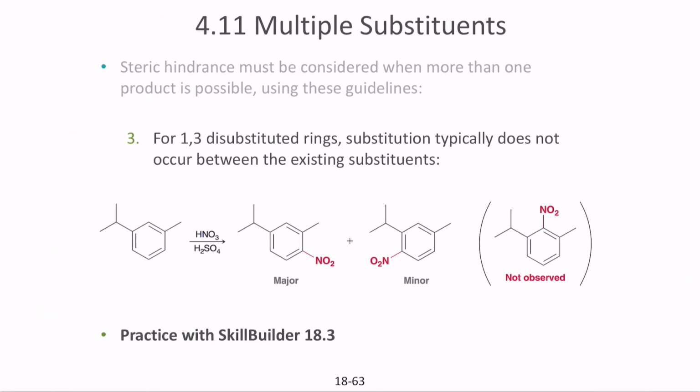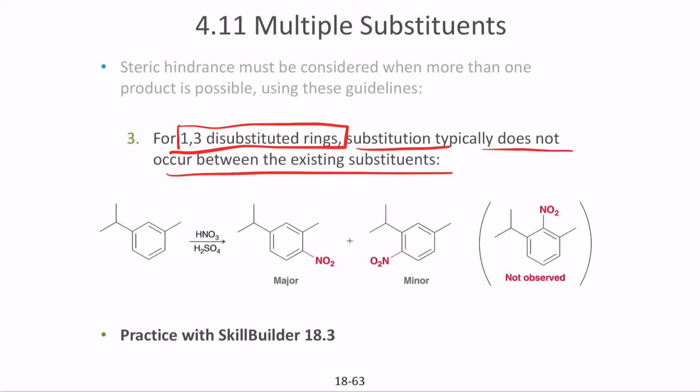Next, when you have 1,3-disubstituted rings, substitution typically does not occur between the existing substituents. When the substituents are in 1,3 positions, the major and minor products will always occur away from the original substituents rather than between them. This position between the two substituents will never be occupied because of steric hindrance.